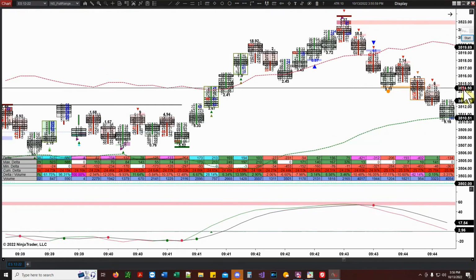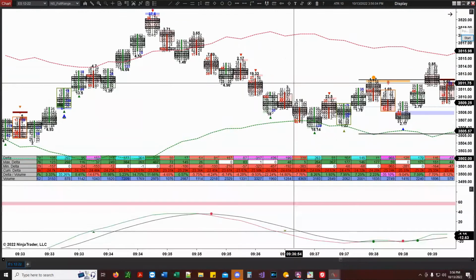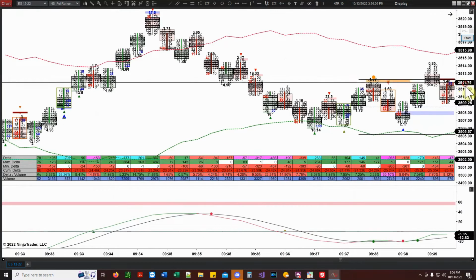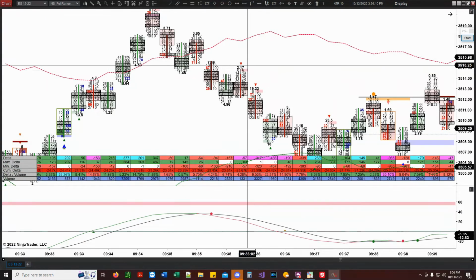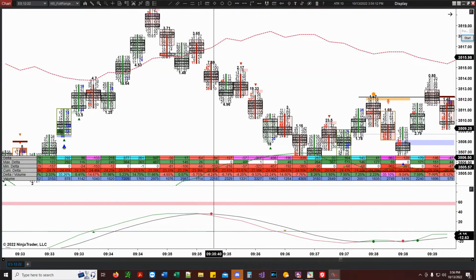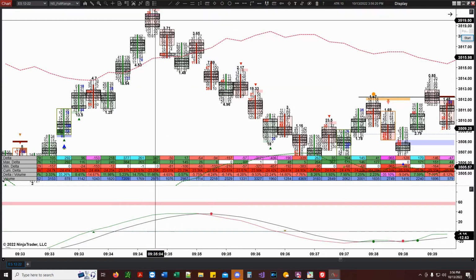And also, let's go back here for a second. Let me see if we got any kind of clues here. Also, this bar right here, notice the delta is starting to go negative. Okay?